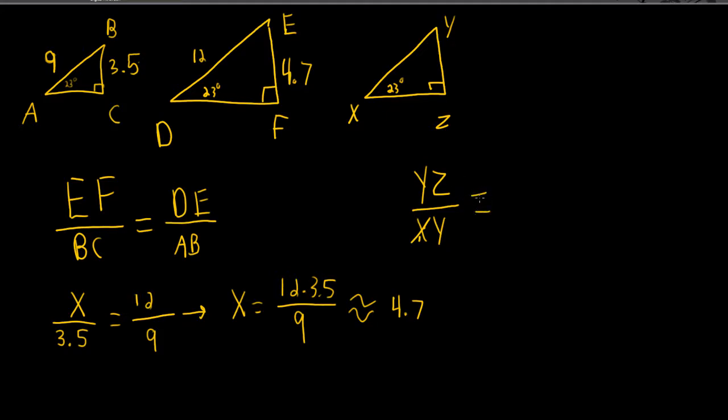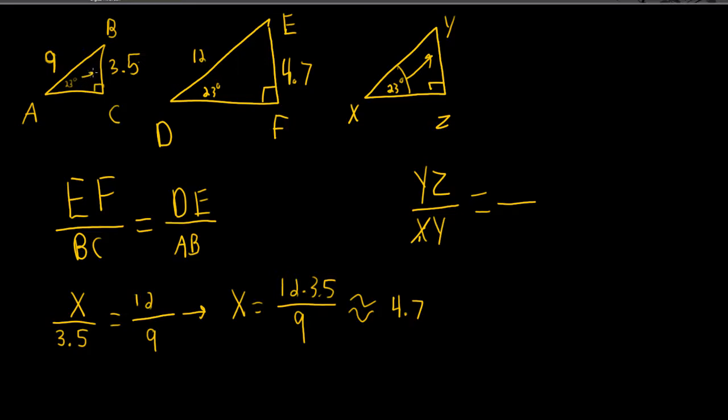So how can we actually find out what that's equal to? If we look at YZ over XY, that's the side opposite to our acute angle, which is this one, and the hypotenuse. So let's look at AB. What side is opposite to the acute angle?